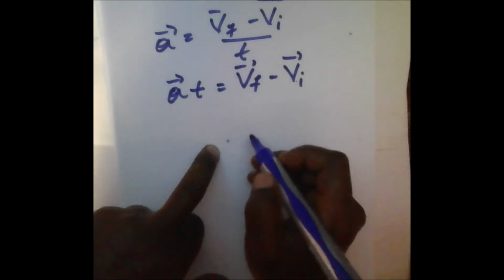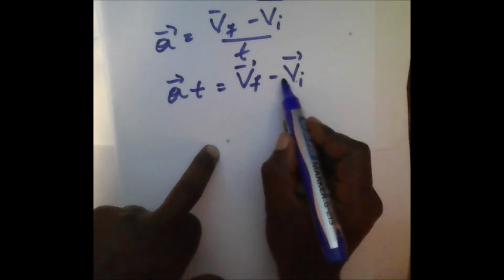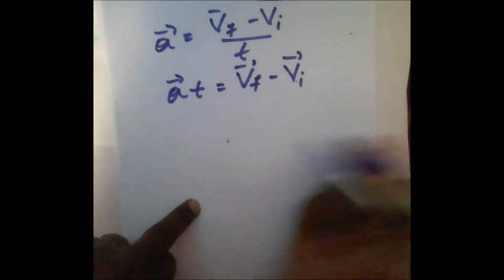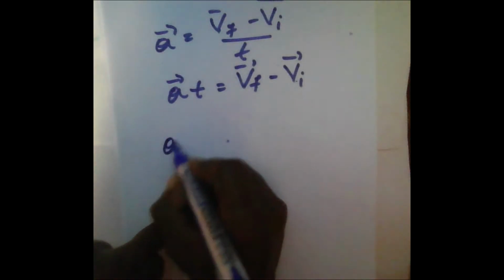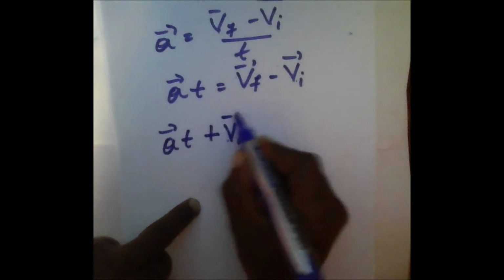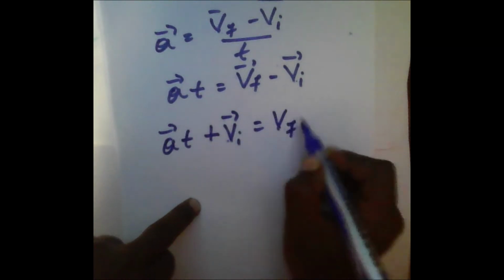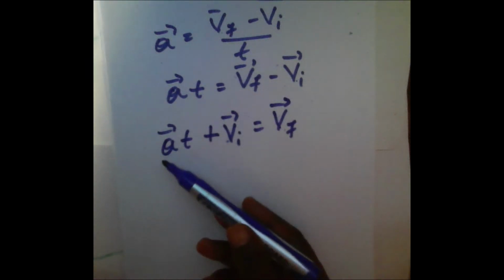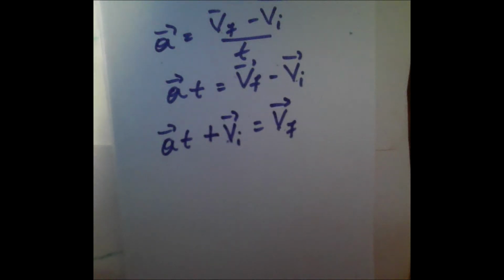Then take V initial from the right side to the left side, it becomes positive. Therefore, acceleration times T plus V initial is equal to V final. Therefore, V final is V initial plus acceleration multiplied by T.